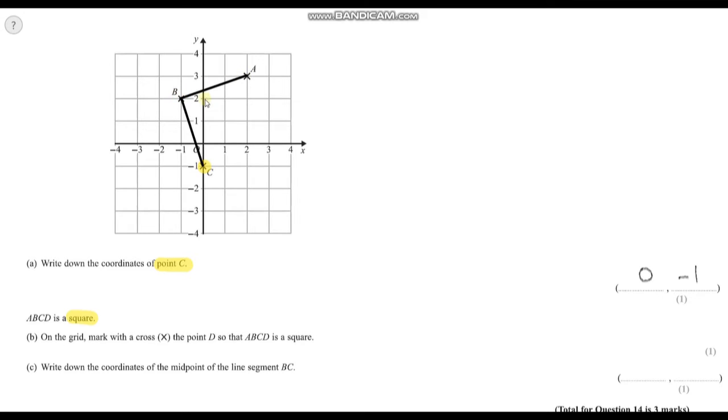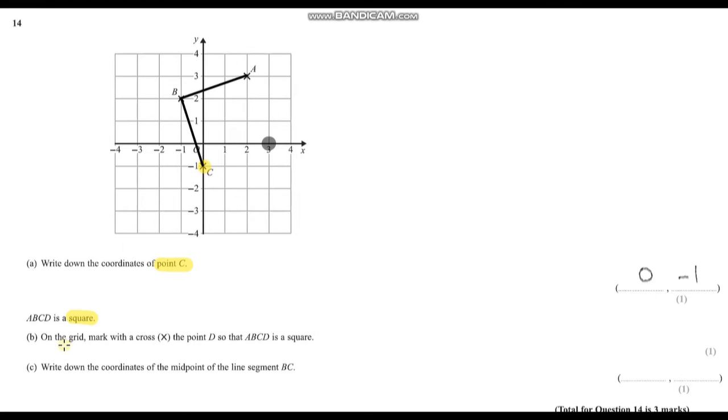We're going along 1, 2, 3, and then up 1. So here we're also going to have to do the same. We go along 1, 2, 3, and up 1. So let's put a little point here. That is where D is going to be.